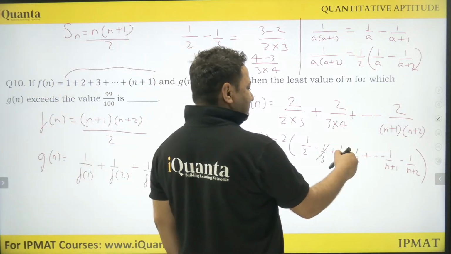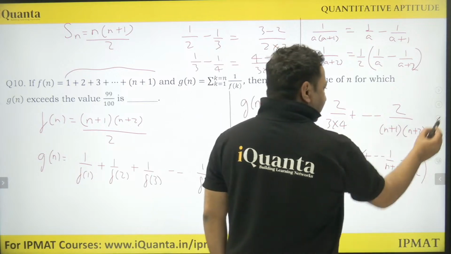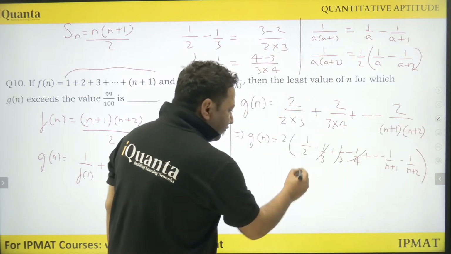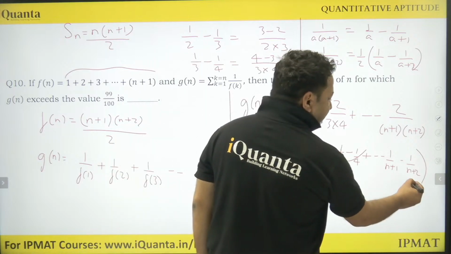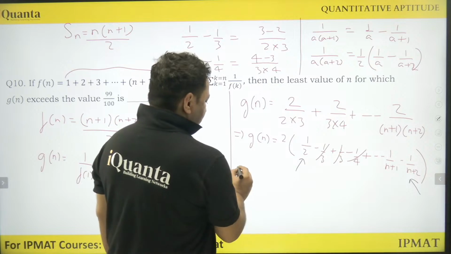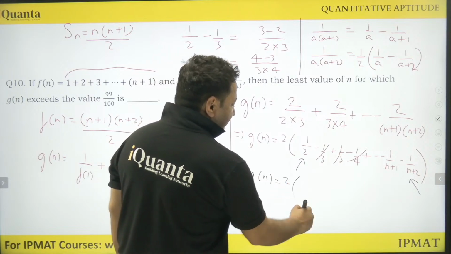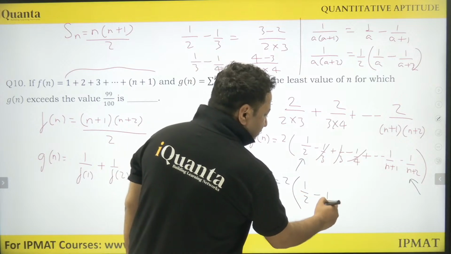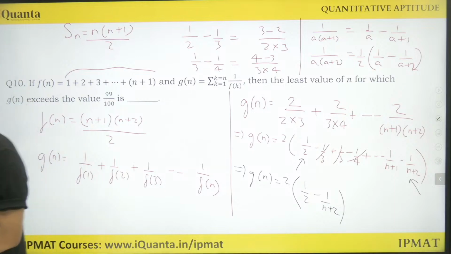Minus 1 by 3 has its positive pair. Minus 1 by 4 gets cancelled. And if you look at this, there's one thing which is clear: 1 by 2 will not get its pair, and 1 by n plus 2 will not get its pair. So this whole huge sequence shrinks into only this much. Is that clear? All the other elements get cancelled.